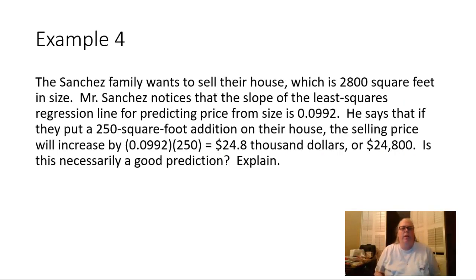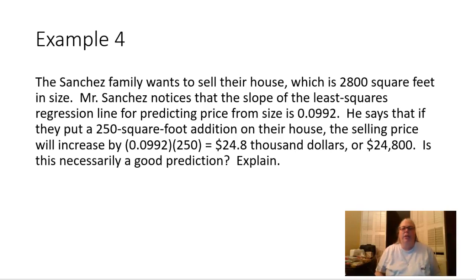Example 4, the Sanchez family wants to sell their house, which is 2,800 square feet in size. Mr. Sanchez notices that the slope of the least squares regression line for predicting price from size is 0.0992. He says that if they put a 250 square foot addition on their house, the selling price will increase by 0.0992 times 250, or $24.8 thousand, which is the same thing as $24,800.